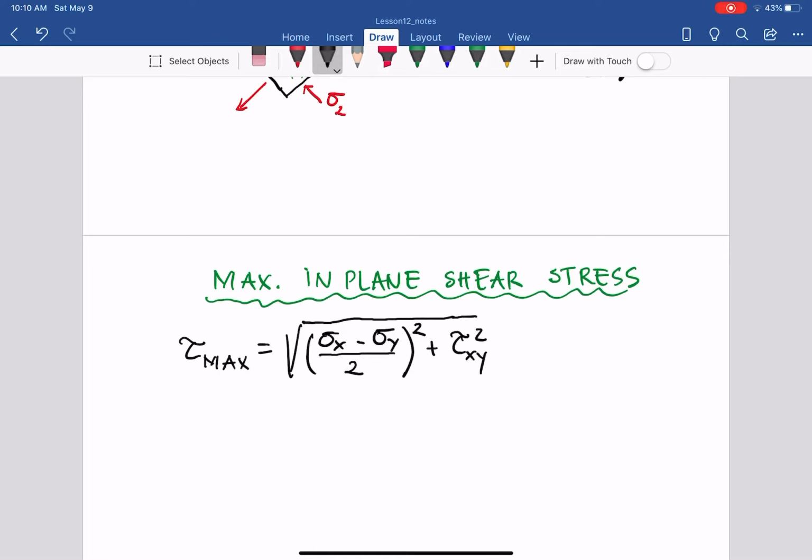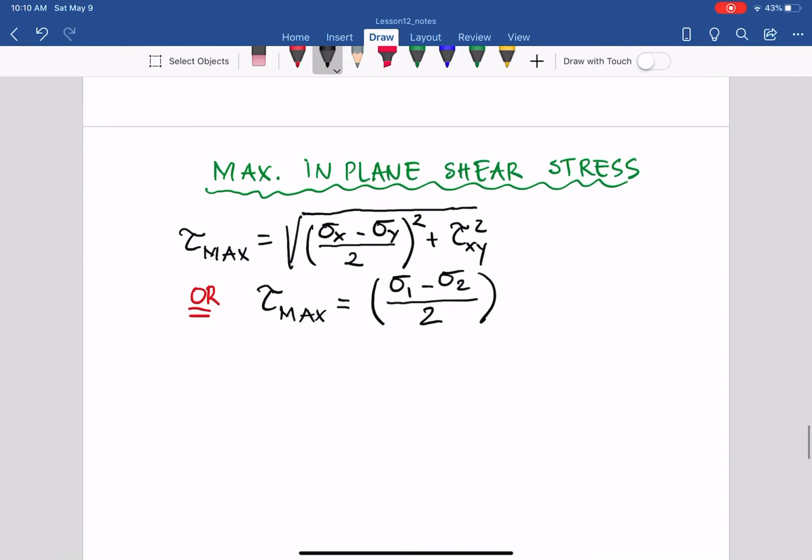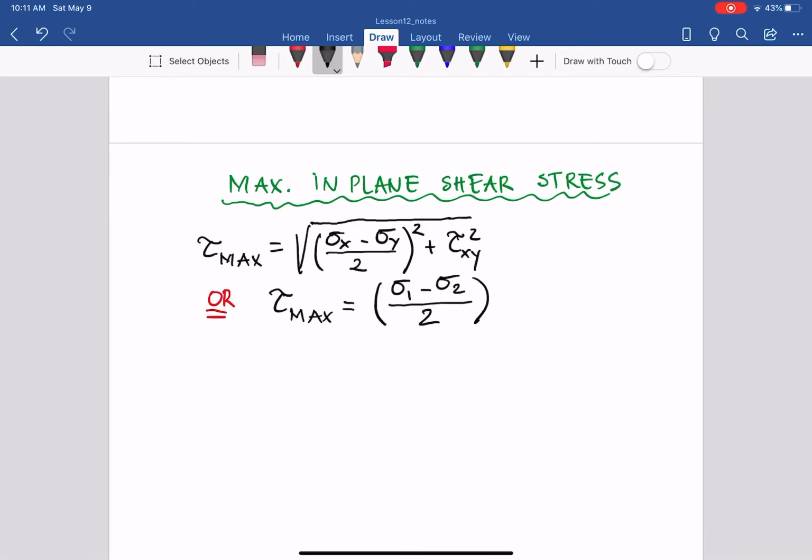And it is also equal to, if we use the principal stresses, tau max equals (sigma 1 minus sigma 2) over 2. And at the plane that has tau max, the normal stress is sigma average.